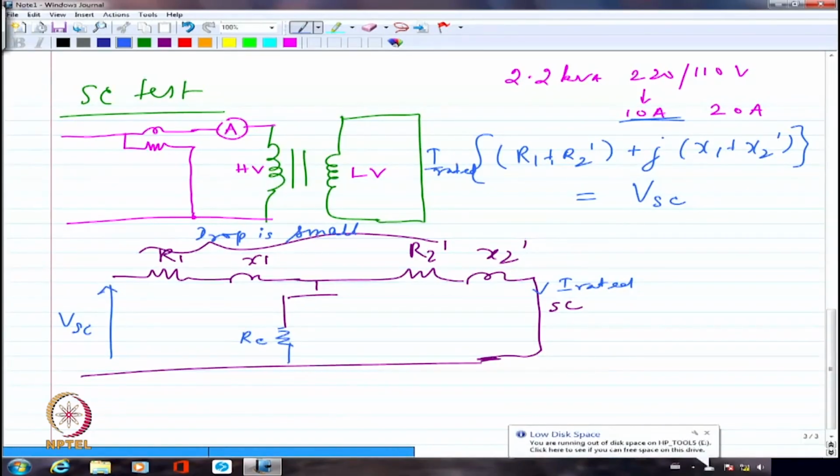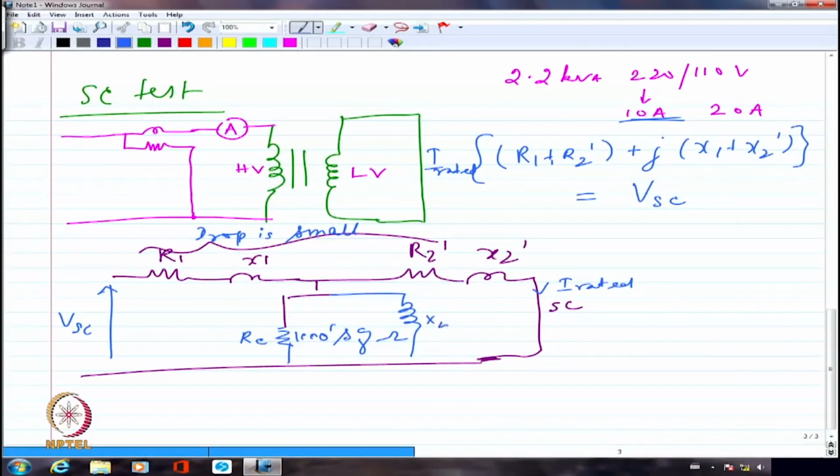Similarly, if I look at XM, XM is also essentially talking about what is the mutual inductance between the primary and secondary. In one sense, that is the one talking about the common flux existing between primary and secondary. So if I don't have much of an air gap, obviously the coupling between the primary and secondary has to be pretty much intact.